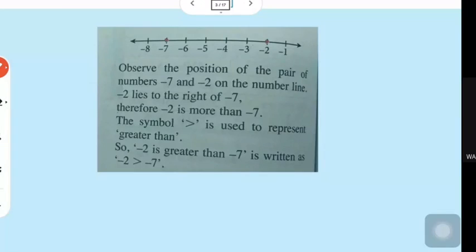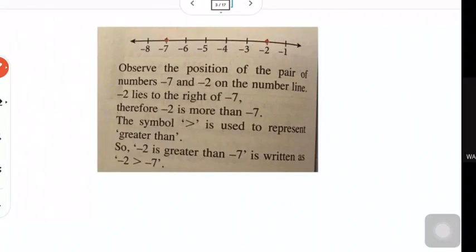Here is another example. Observe the position of the pair of numbers -7 and -2. You must remember that for negative numbers, -2 is greater than -7. Remember that, don't mix them up.